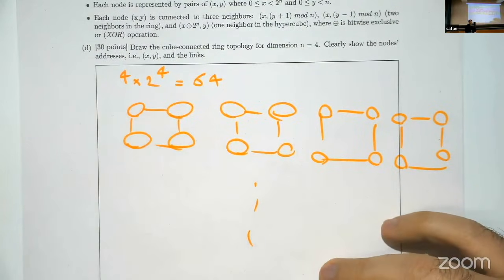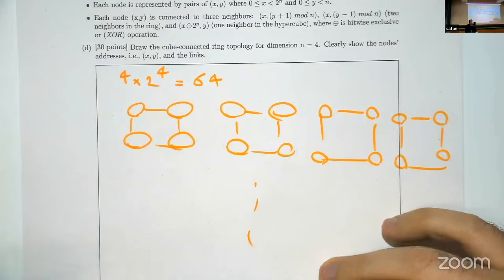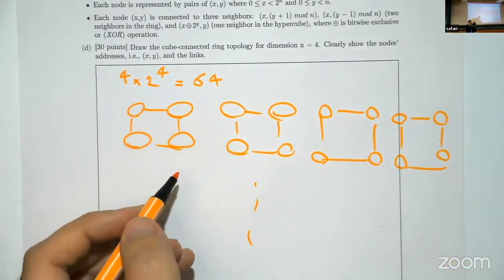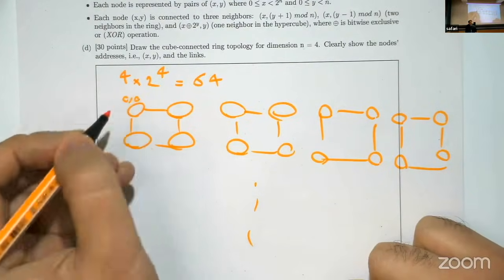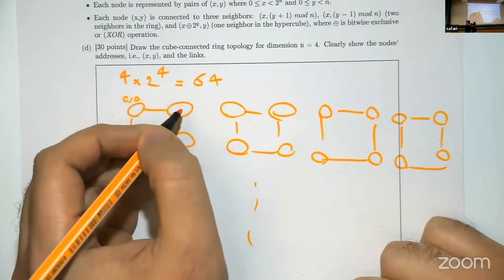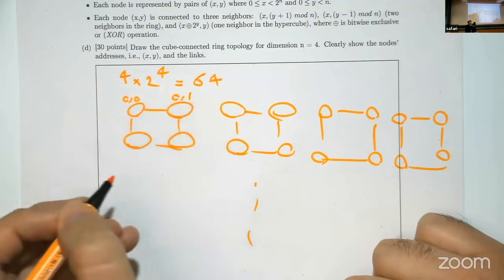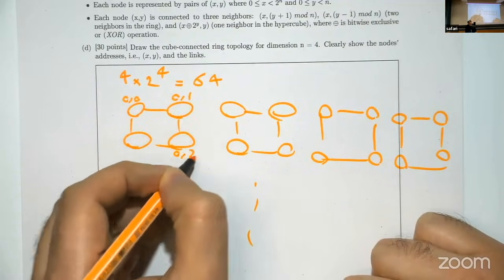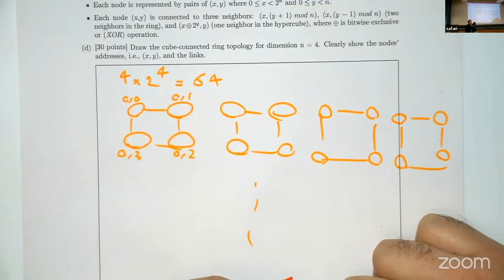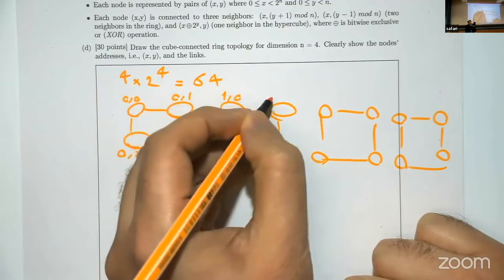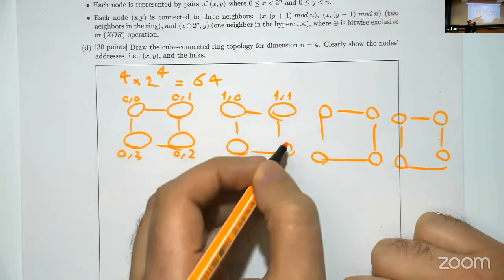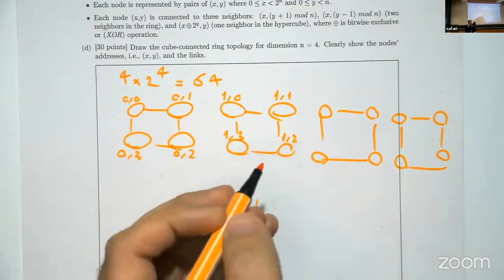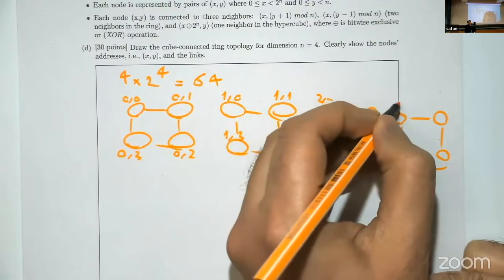Then we need to address them. I will consider that this ring has x equals 0. So it's going to be (0, 0), then (0, 1), this should be (0, 2), and this should be (0, 3). This also is (1, 0), (1, 1), (1, 2), and (1, 3). This is 2, and this is 3.